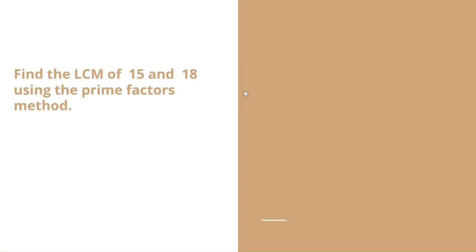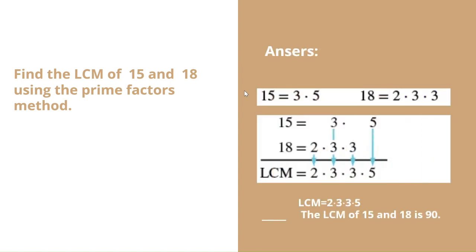Okay, time's up. The answer will be 90, because 15 is 3 times 5, and 3 is its smallest prime factor. And 18 is 2 times 3 times 3.